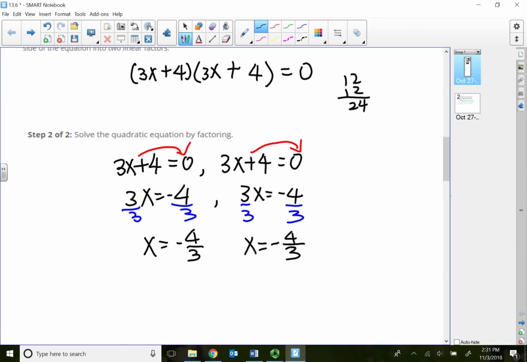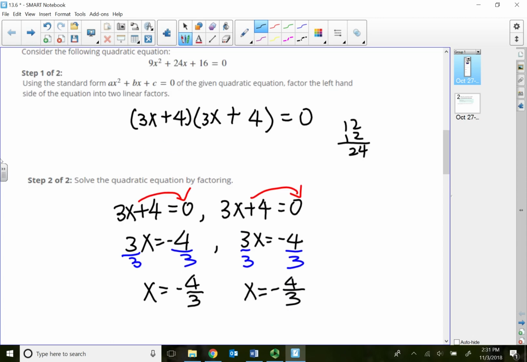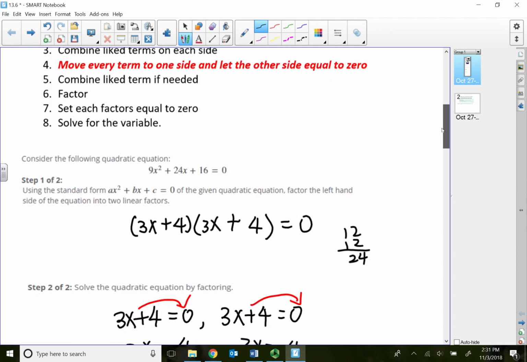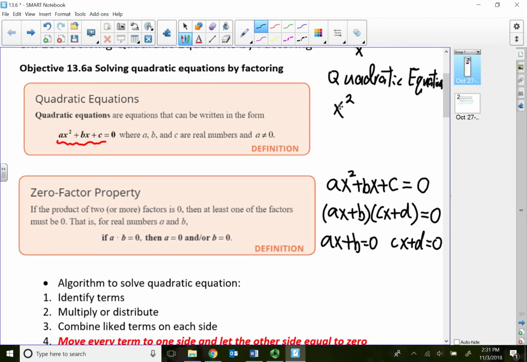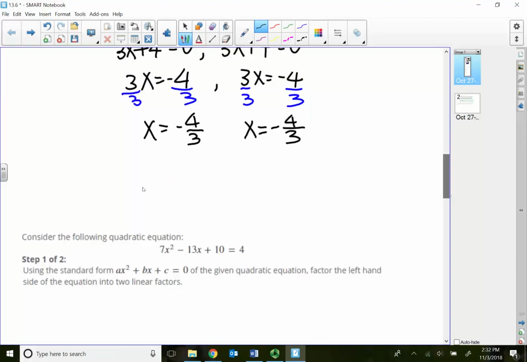Okay, so normally when we solve a quadratic equation, and we know we are solving a quadratic equation because my equation has x squared, the degree of the polynomial in my equation tells me I will have at most 2 answers.